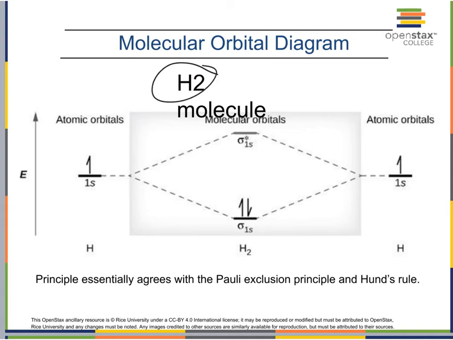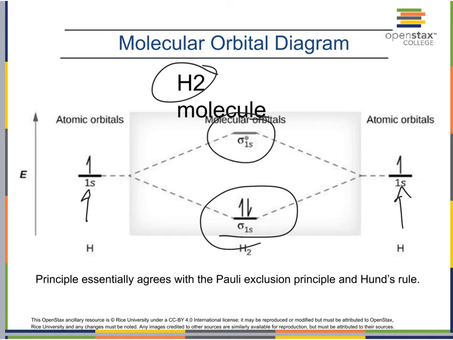Let's take the H2 molecule. We take the s from one of those H's and the s from the other H, and we combine to form something that is a sigma 1s, a bonding sigma 1s, and then we also have to get an antibonding, or a sigma star 1s.